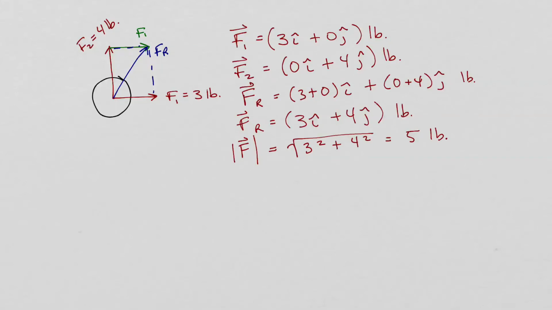We could have done that a couple of different ways. We know that it's a 3, 4, 5 triangle, so we also could have used that. We also could have just, from looking at it, known that the resultant force is going to equal 3i plus 4j. But I just wanted to give you a really simple example.